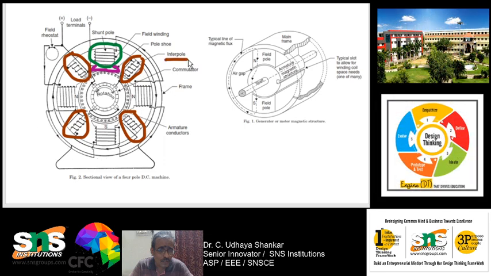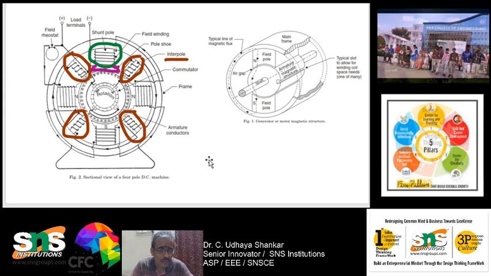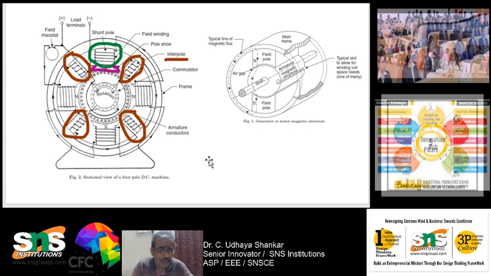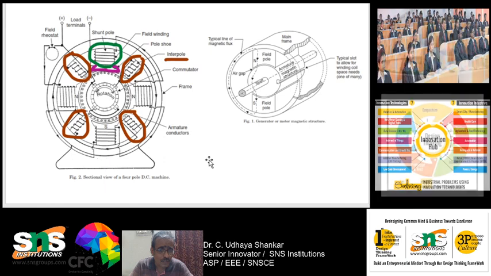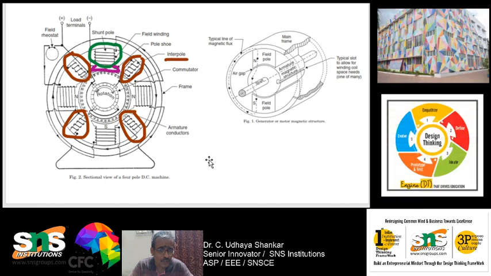So, this is called an interpole. What is the use of this interpole? Interpoles are used to improve the commutation process. I will tell you later what commutation is. Just understand that the interpole is used to improve commutation, because these interpoles have windings which are connected in series with the armature, and because of which the armature reaction is reduced.